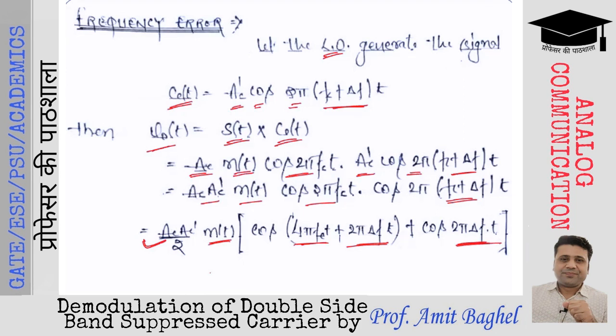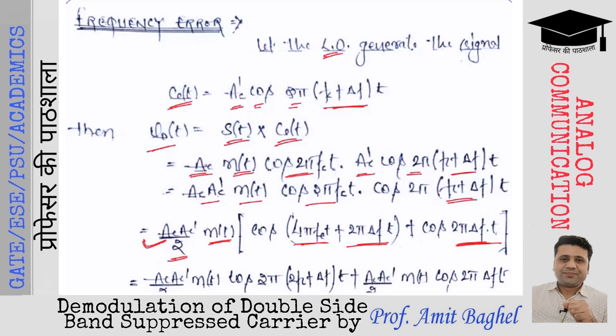Divide by 2 will come out. So this is the simplified expression of v0(t). Now I'll distribute m(t) inside the braces. I'll get Ac dash by 2 m(t) cos of 2 pi (2fc plus del f) t plus Ac dash by 2 m(t) cos of 2 pi del f t.